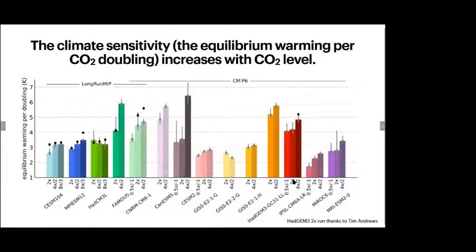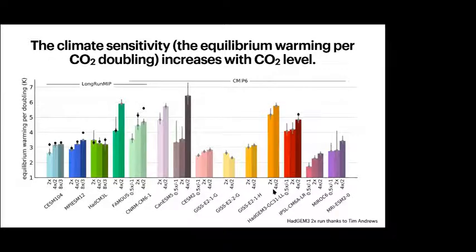You can see that for a lot of the models, these values are actually different. In fact, we only have these abrupt 2 times estimates thanks to the NonlinMIP project organized by Peter Good, and in some cases thanks to Tim Andrews for this particular HadGEM3 simulation. But as you can see, the warming from the 2 times is not exactly half the warming from the 4 times.